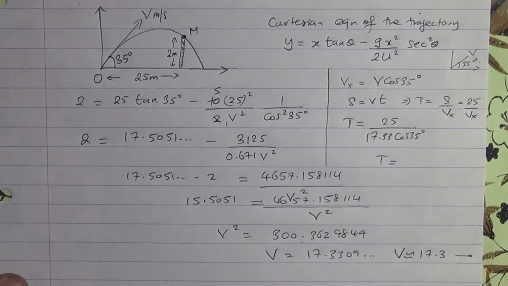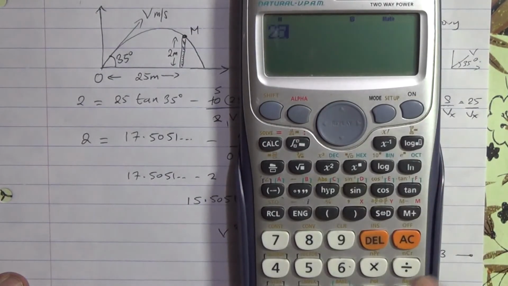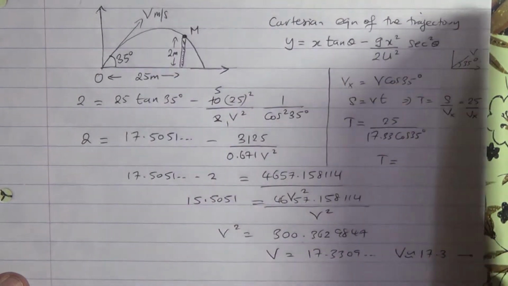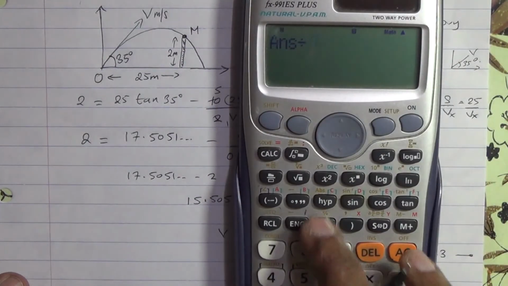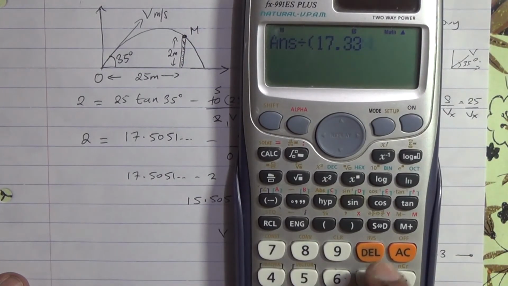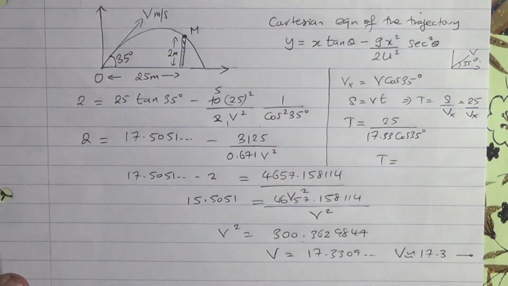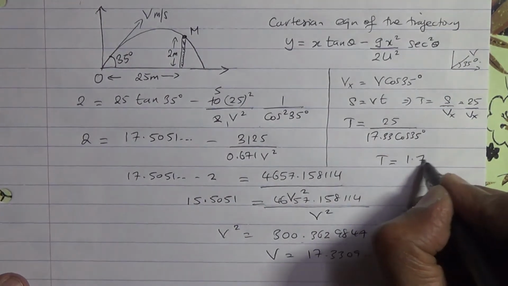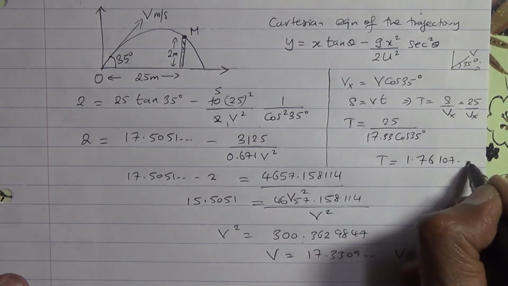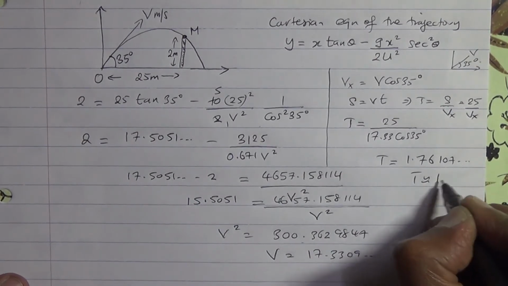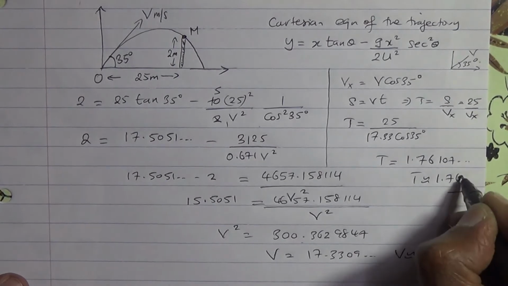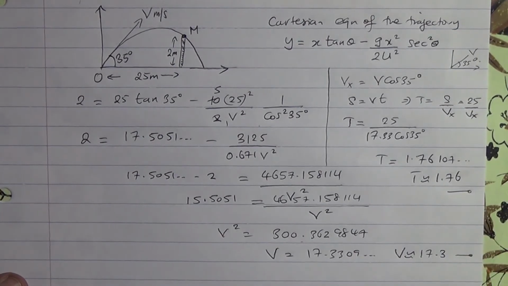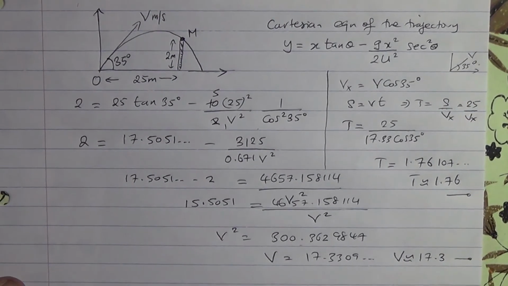The answer is 1.76107, etc. So I can say t is approximately 1.76. And here we are for the complete first part of the question.